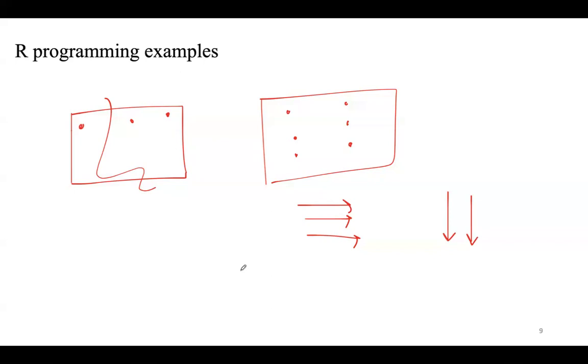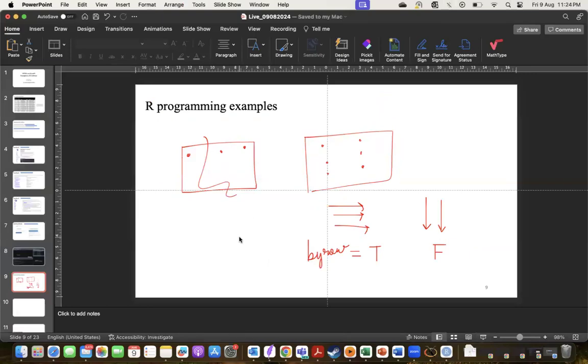Now, if you would have seen here, there is an argument which is called byrow. Now this can take the value TRUE, so this is by row, or it can take the value FALSE, which indirectly means that you're filling it by column. So not by row, it means you're filling it by column.